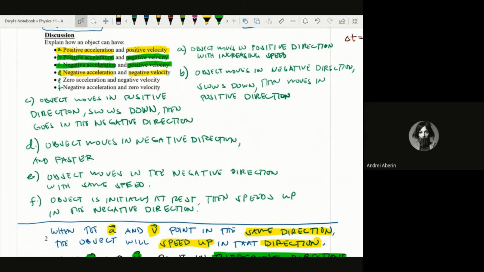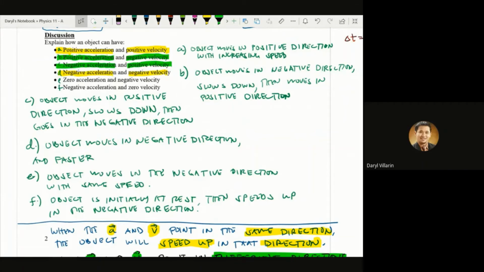For B and C, how do we know that it turns around? Well, as long as there is an acceleration that opposes the initial motion of the object, if that particular acceleration exists, you can expect that it should always move in the opposite direction, now in the direction of your acceleration.